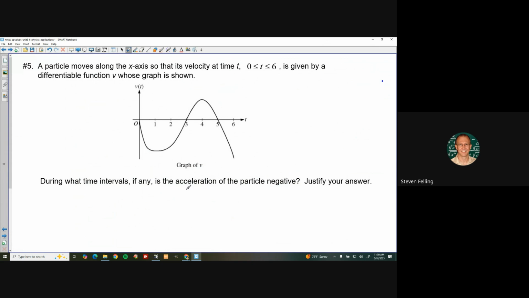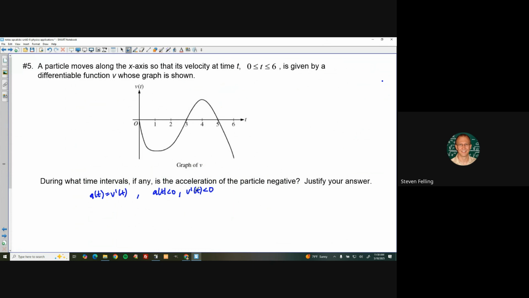All right, so the acceleration of the particle is equal to the derivative of the velocity. So for the acceleration to be less than 0, that means the derivative of the velocity would have to be negative, right?